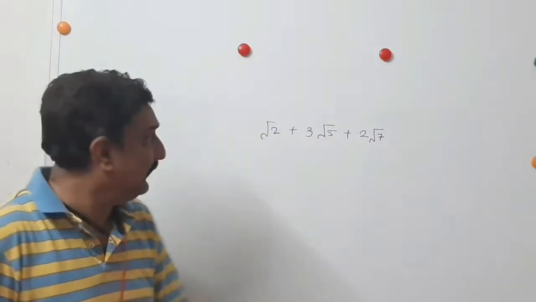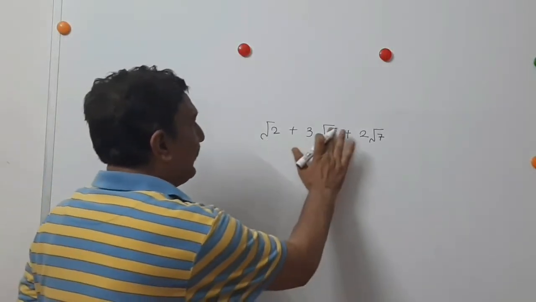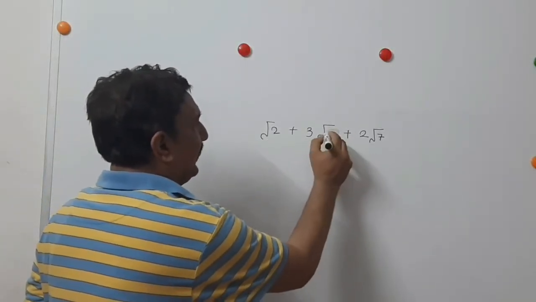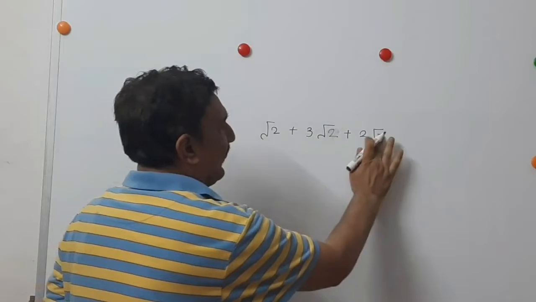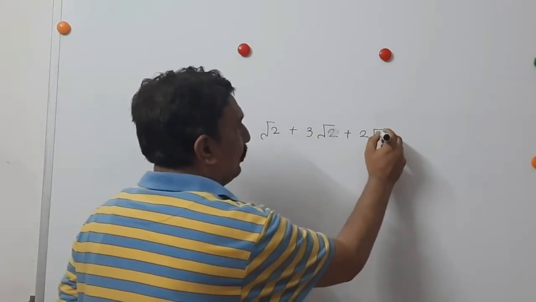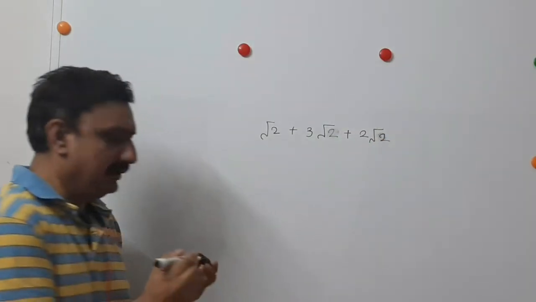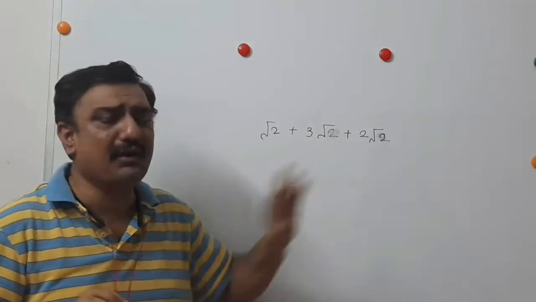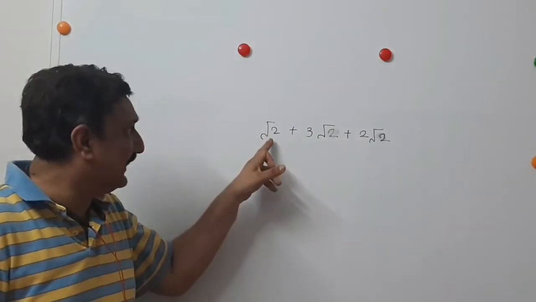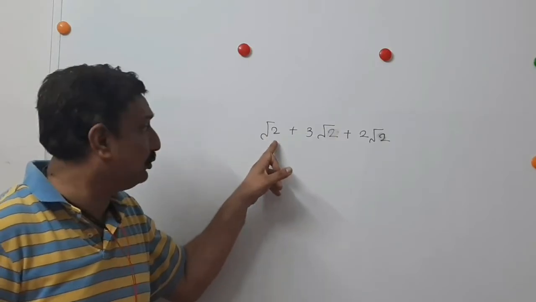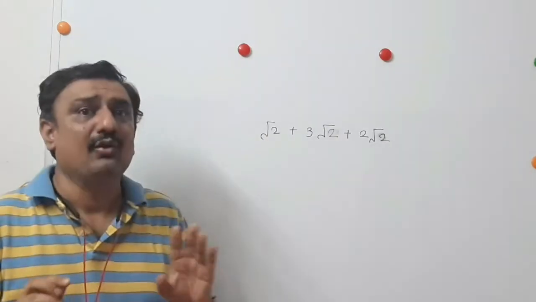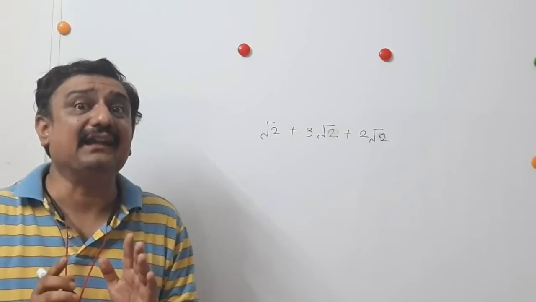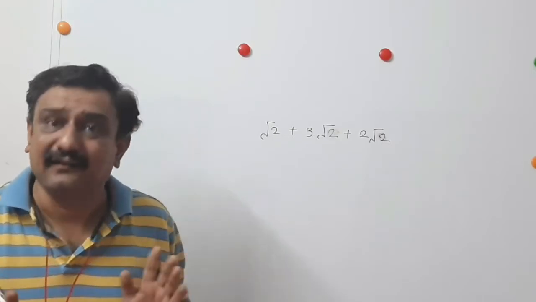Suppose I write root 2, and here 3 root 2, and here 2 root 2. Then the base, that is 2, is common for all, as well as the degree, that is root. So now they become like algebraic irrationals.